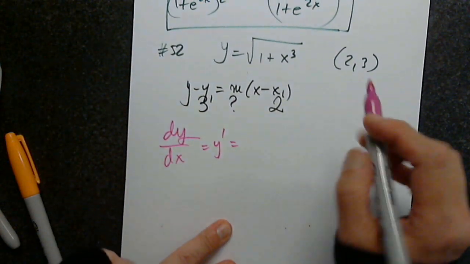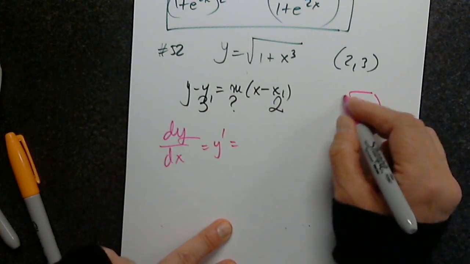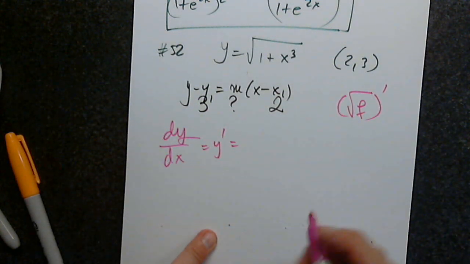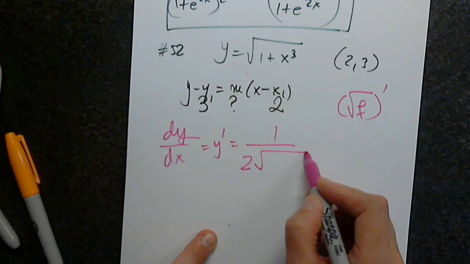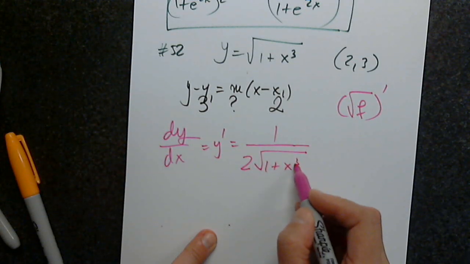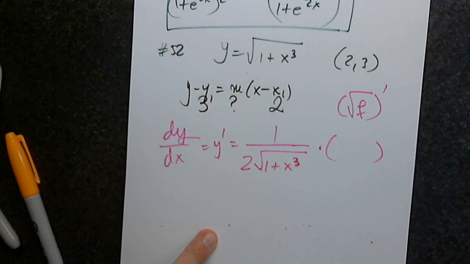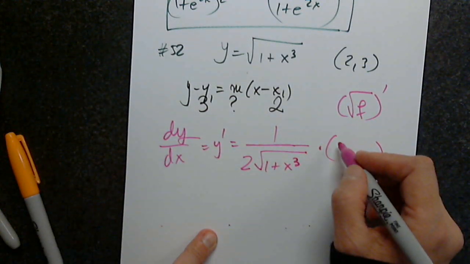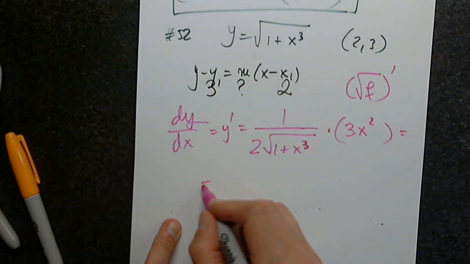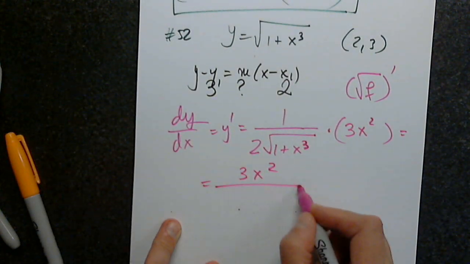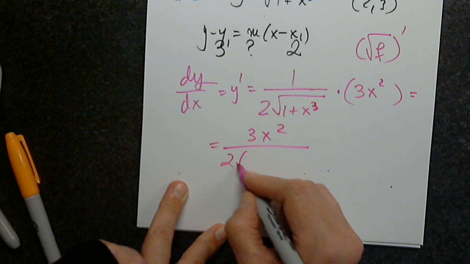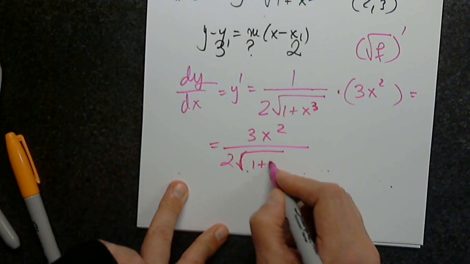And remember, this is this situation. So it's going to be 1 over 2 times the square root of 1 plus x cubed, times the inner function prime. Very good, awesome, 3x squared. So this will be 3x squared over 2 times the square root of 1 plus x cubed.